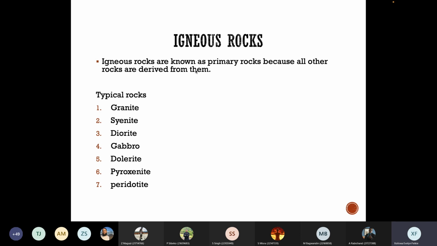And why are they not the same? They will not be the same because they are formed from different minerals, and even the solidification or crystallization process is different. Therefore, we'll have different types of rocks. They will have different colors as well. So igneous rocks, these are the typical rocks that you can find that fall under igneous rocks.